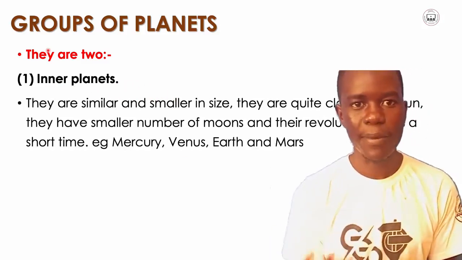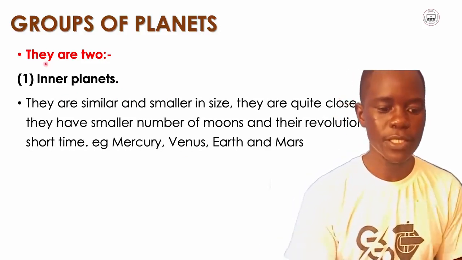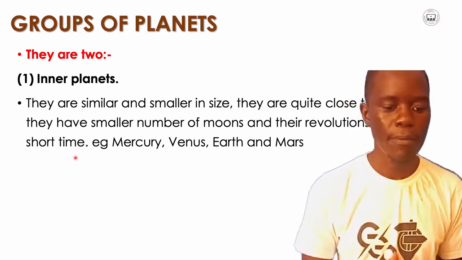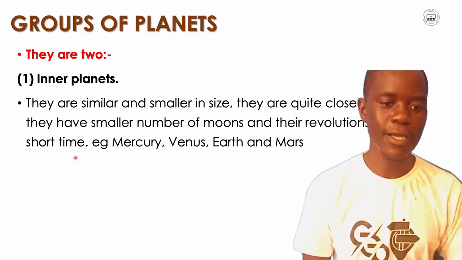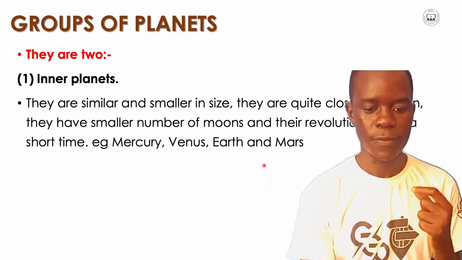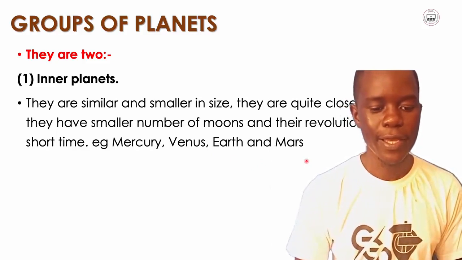These inner planets are characterized by the following: they are similar and smaller in size, they are quite close to the Sun, they have smaller numbers of moons, and their revolution takes a short time. Examples of the inner planets include Mercury, Venus, Earth, and Mars.